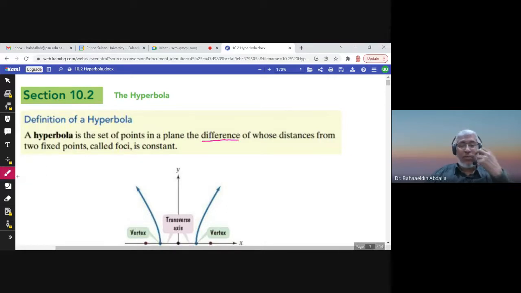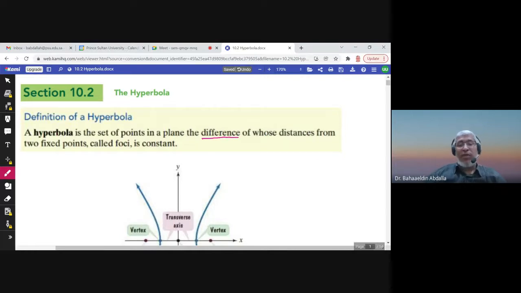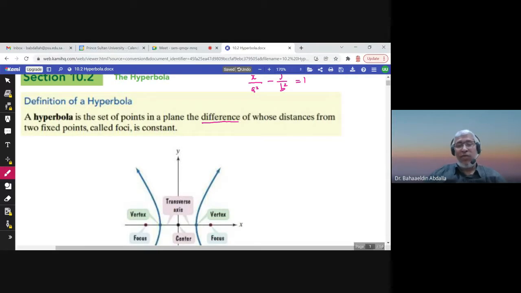So you can expect that, if you remember, the equation of the ellipse was x squared over a squared plus y squared over b squared equals 1. Now here we will not have plus, we will have minus. All right. But you have to understand the terminology now.